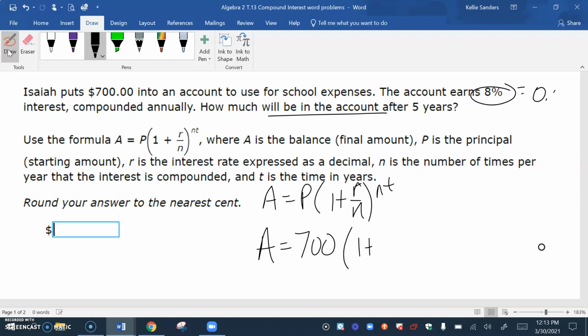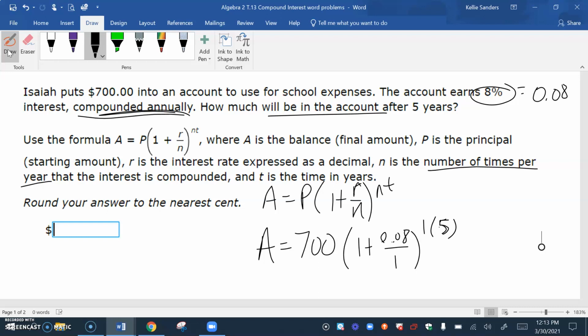The decimal for 8% is 0.08. So we're going to do 0.08 over N. N is the number of times per year. And this is compounded annually, so it's just 1. And N is 1 again. And how many years? We have 5.